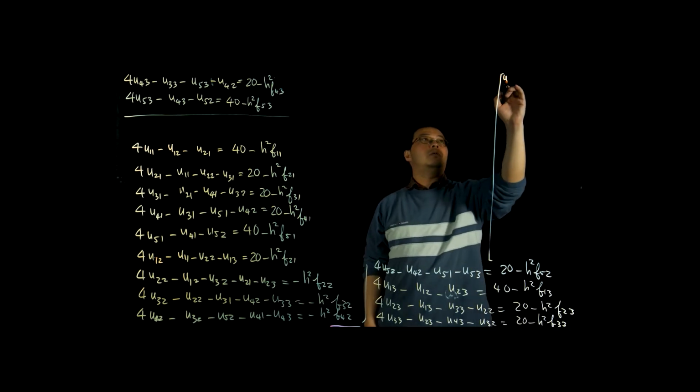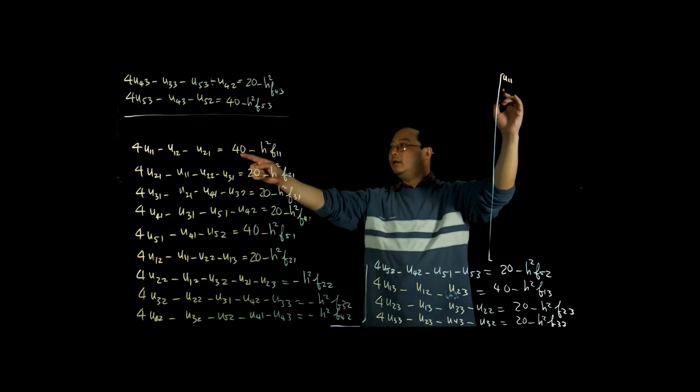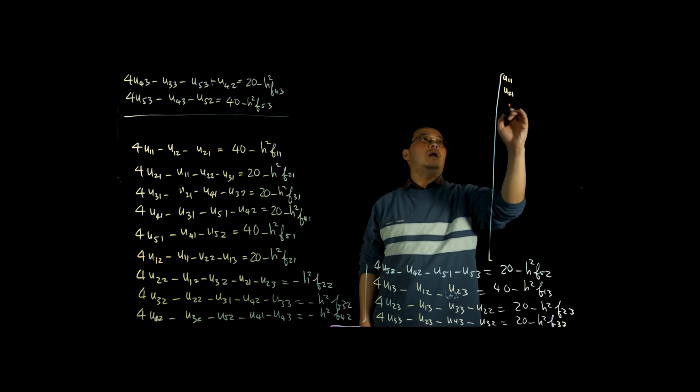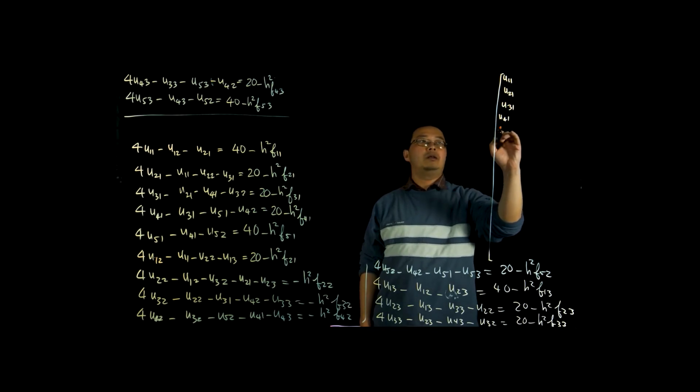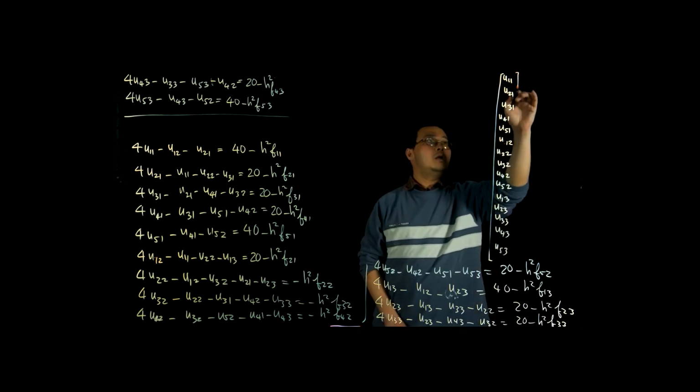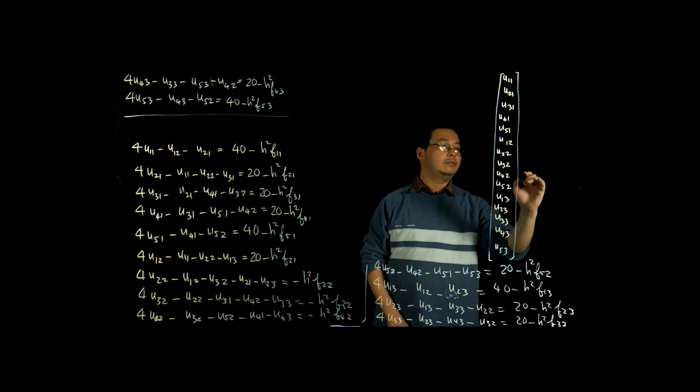So U11, then U21, U31, U41, U51. So this will be your unknown vector.